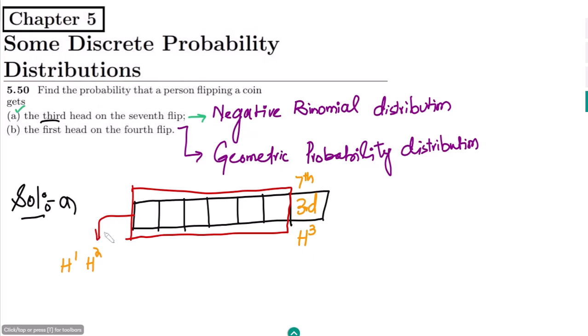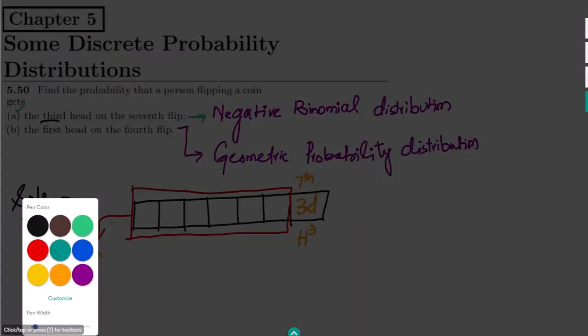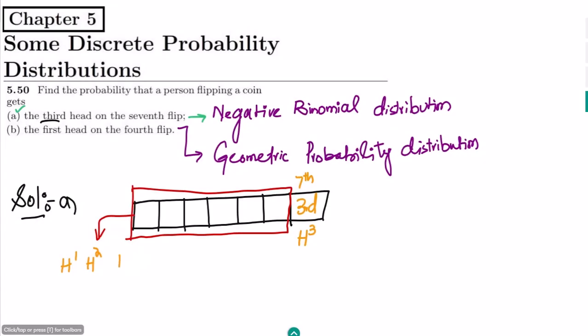In these 6 slots, we will have 2 heads and also T1, T2, T3 and T4 tails. So what would we get in order to get the 3 heads and 4 tails?